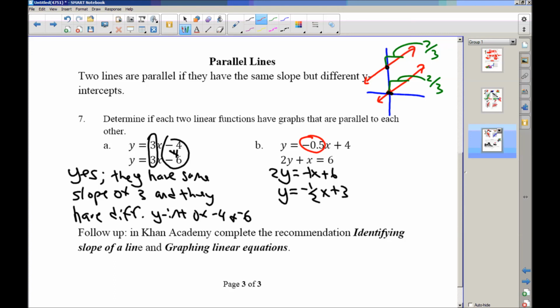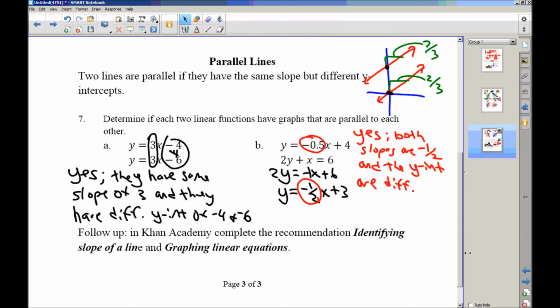Look, -0.5 is the same as -1/2. So this is yes. Both slopes are -1/2, and the y-intercepts are different. Okay, so one was 4 and one was 3.